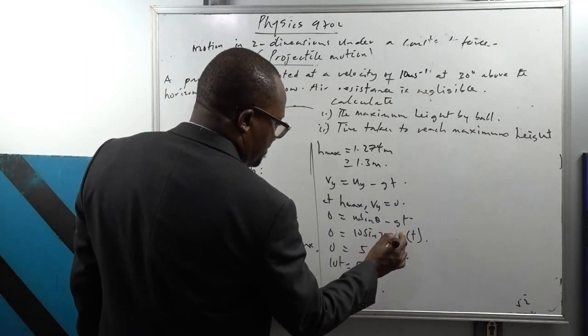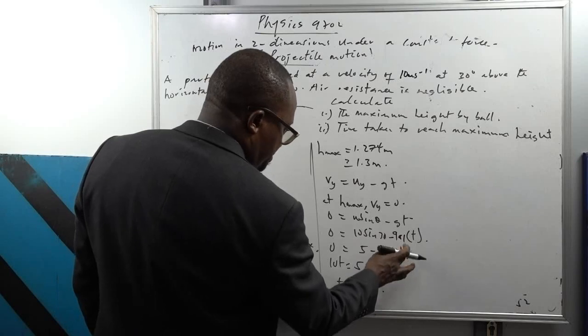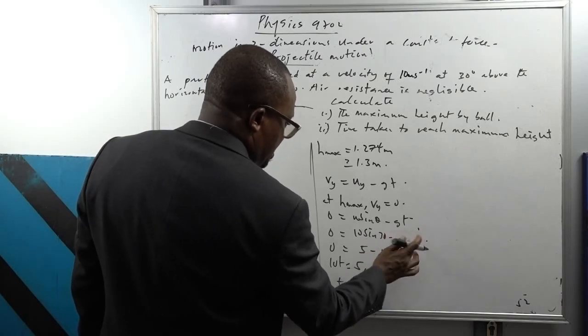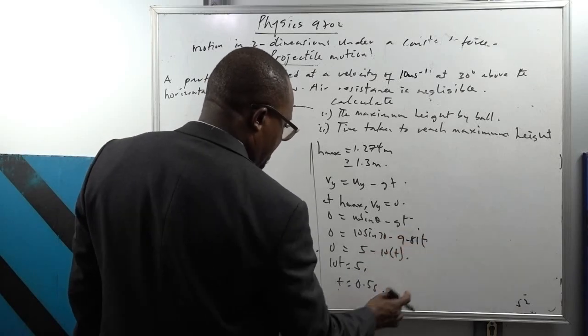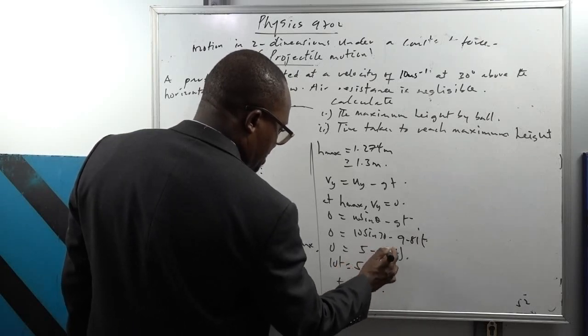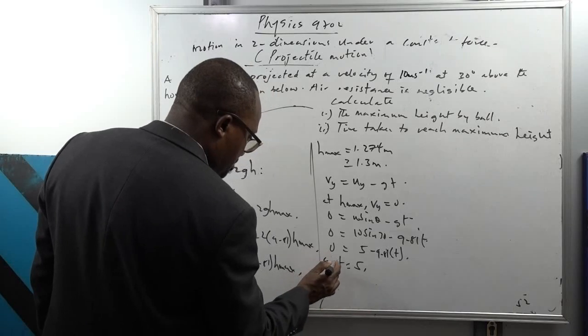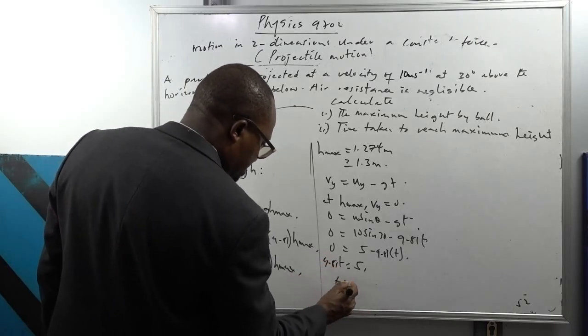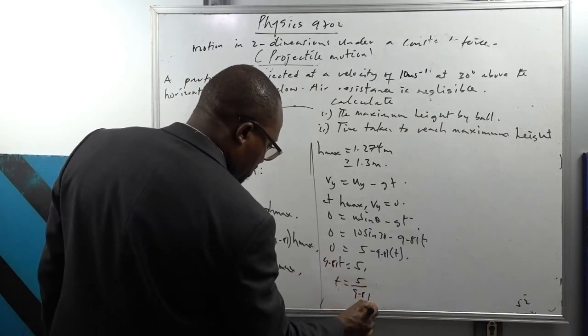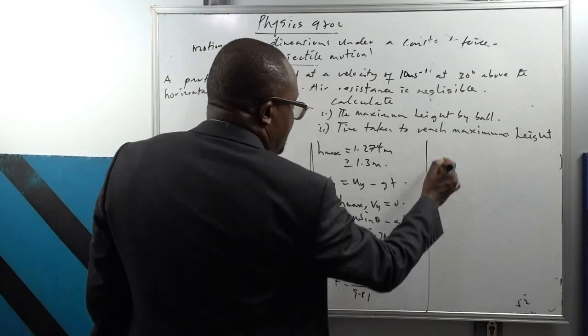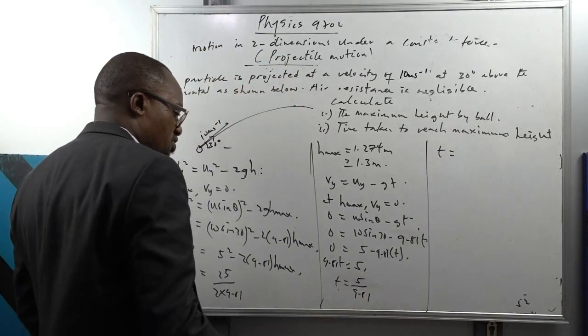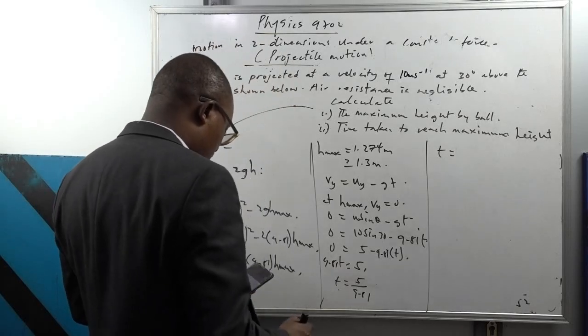But if I'm using the exact value of g, this will be 9.81, so let's stick with that. 9.81t, so that t becomes 5 over 9.81. So the time taken to reach the maximum height becomes 5 over 9.81.